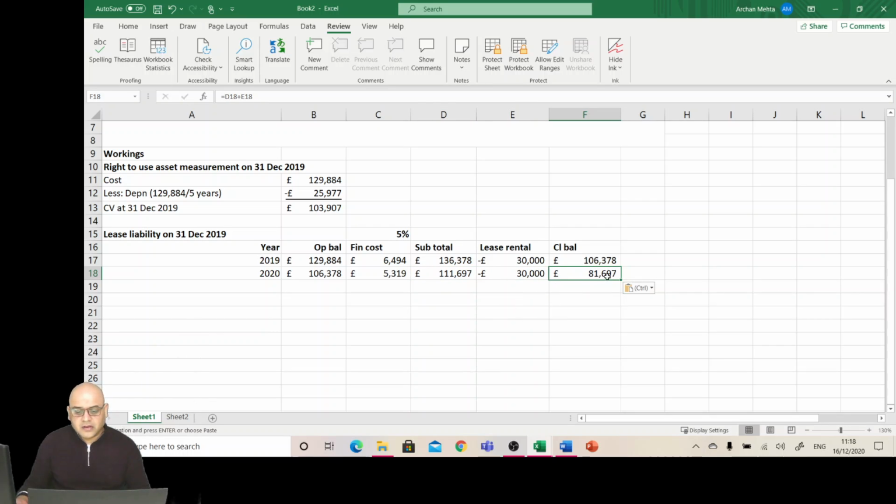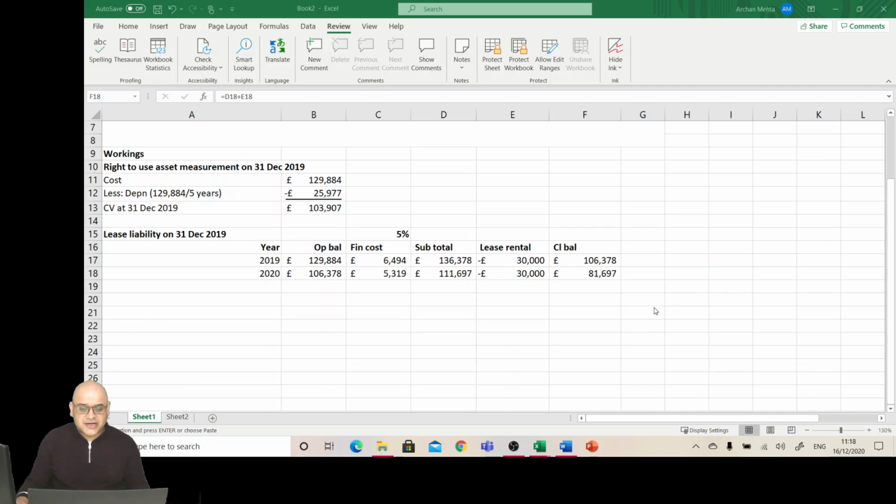So whatever you are not settling in the following year, our current year is 2019, right? Out of 106,378, what we are not paying in the following year, 2020, is 81,697. Because it did not settle within a 1 year period, this liability becomes the non-current lease liability.